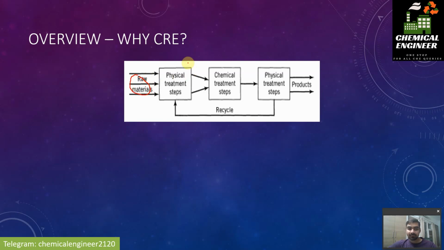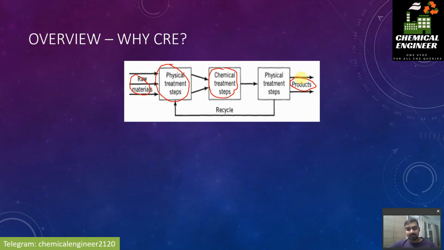In processing we have three steps. The first step is physical treatment, in which we do its size analysis or something like that. Second is chemical treatment, and the third step is again a physical treatment, such as filtration, and we get a final product out.